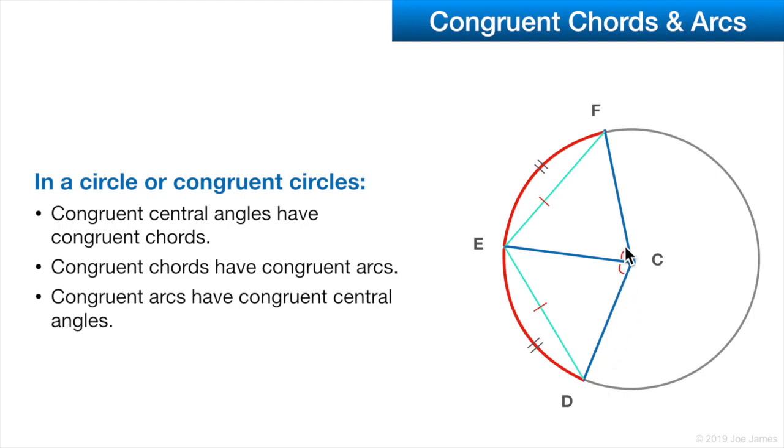If the two angles are equal, then these two chords are equal, and the two arcs are equal. Congruent angles means that you have congruent chords and congruent arcs. And that can be either in the same circle or in a congruent circle. In other words, a circle of exactly the same size.